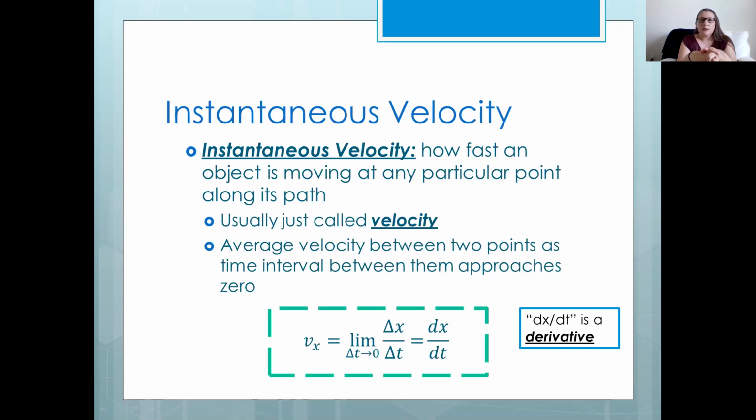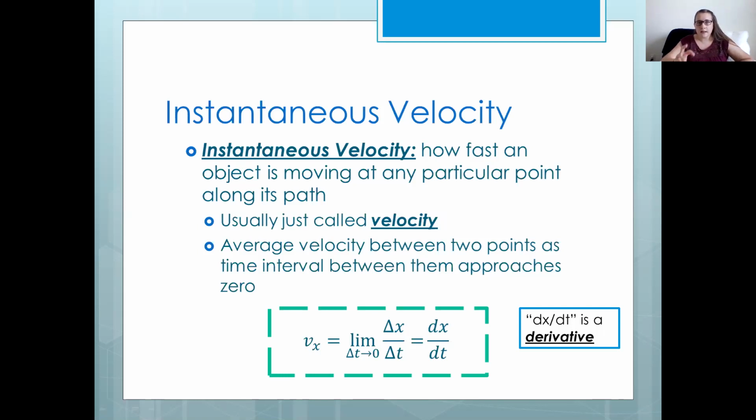But really the way to think about instantaneous velocity is that it's the average velocity between 2 points as the time interval between them approaches 0. So as those 2 points get closer and closer together, what is the average velocity between those 2 times? And so really what we're dealing with here is a limit. As the change in time gets smaller and smaller, as it approaches 0, what is the change in position over change in time?